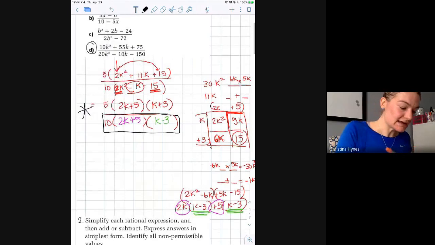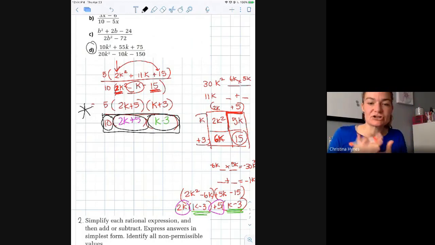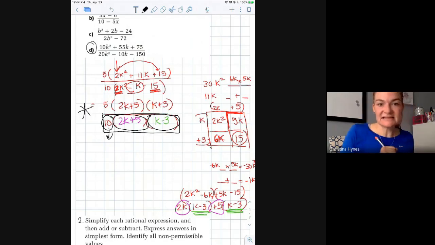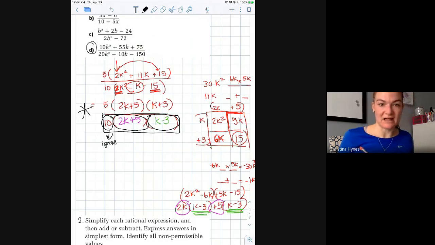So what you do is you take each of these factors. Anything that's multiplying, this is a factor, this is a factor, and this is a factor. Factors are separated by multiplication. So you take each factor, make it equal to 0, and solve for the variable. This one doesn't have a variable, so you can ignore it for non-permissible values.